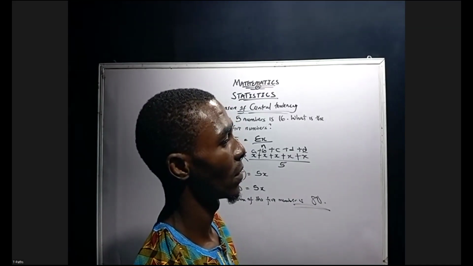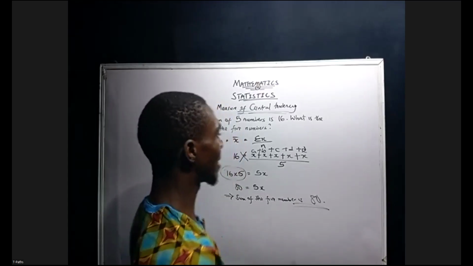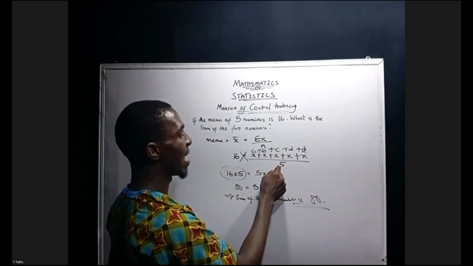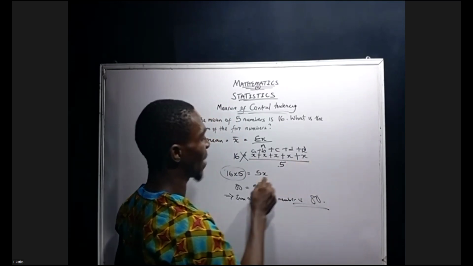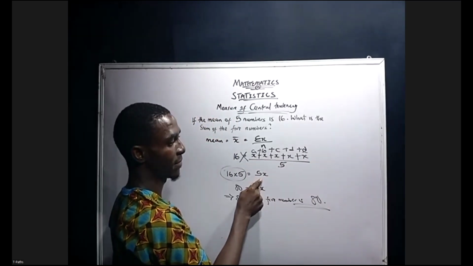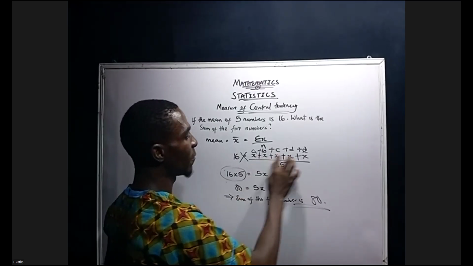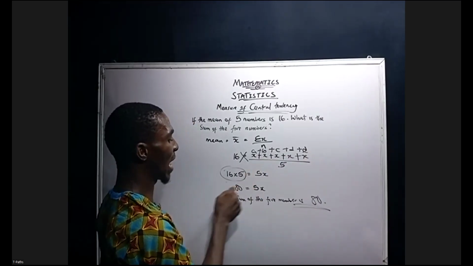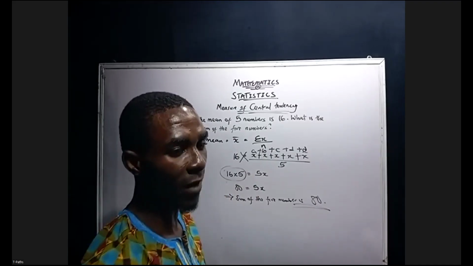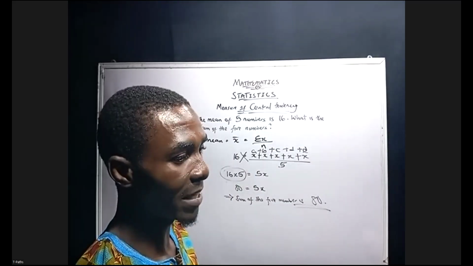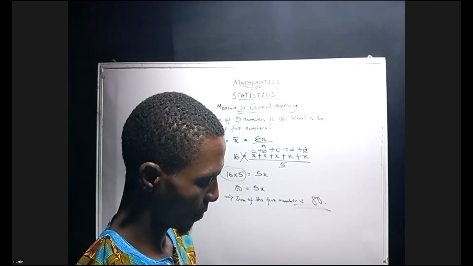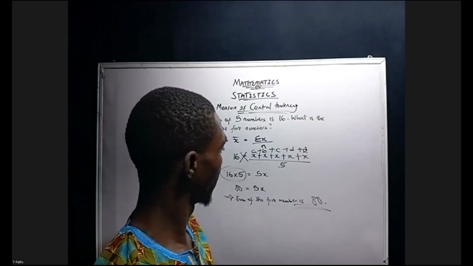No, sir. Because I use equal value, that is why you are seeing the 5x here. If you are using different values, then the sum of the 5 numbers equals 80. Don't divide by the 5 beside the x. Okay, sir.